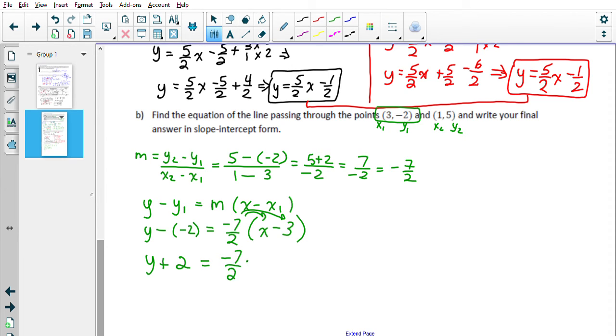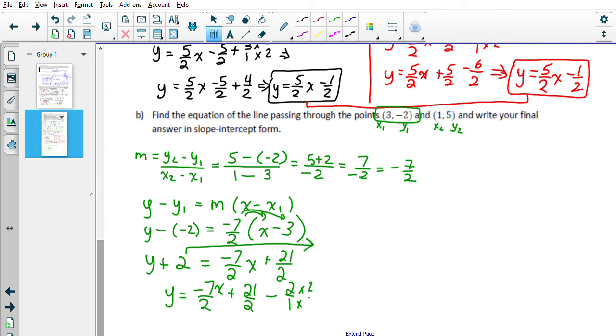So negative 7 over 2 x. Negative 7 times negative 3 is positive 21 over 2. This 2 will come to the other side. So you get y equals negative 7 over 2 x plus 21 over 2 subtract 2 over 1.